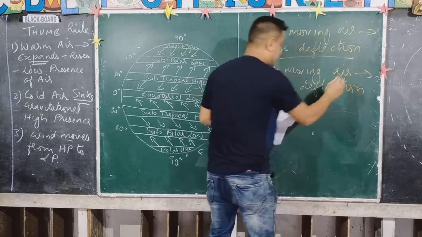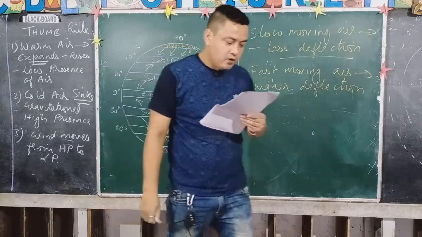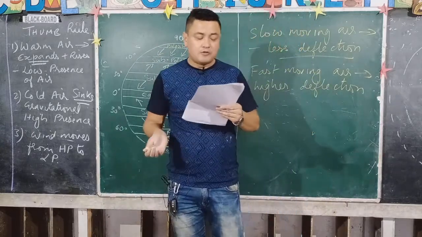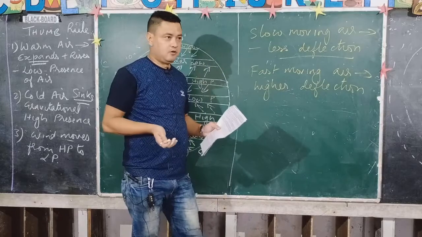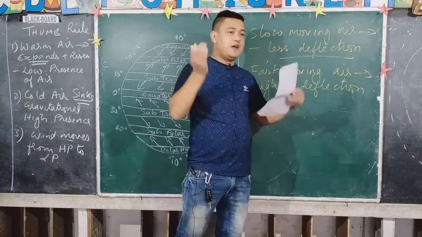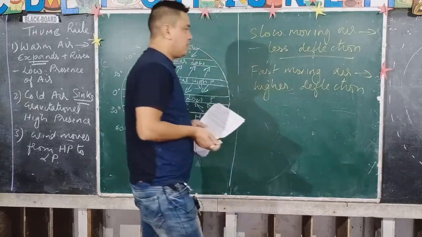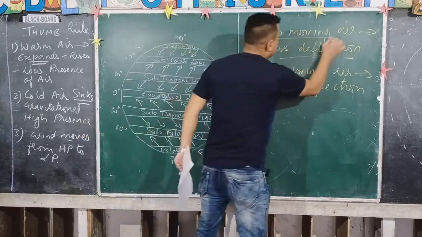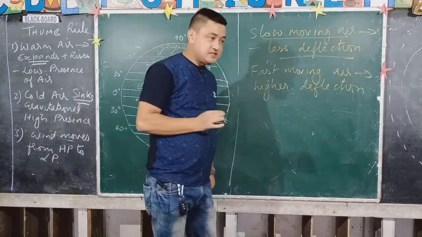Now, what is the meaning of deflection? Deflection means it can bend, it can turn, it can divert, or there is a deviation found because of the pressure in the wind. Wind is basically caused by the pressure belts. So if the movement of the air is slow, there is less deflection.